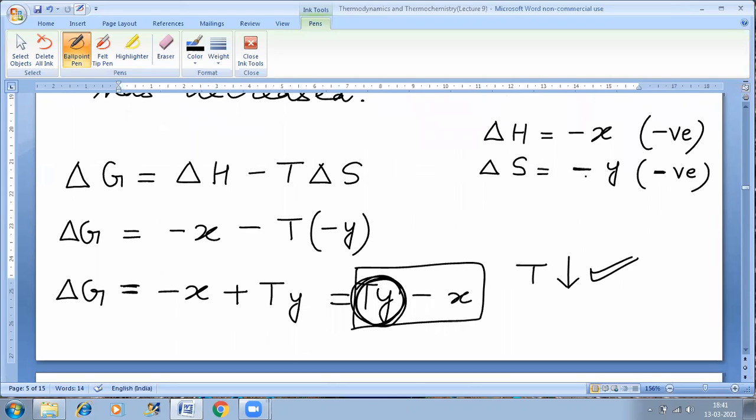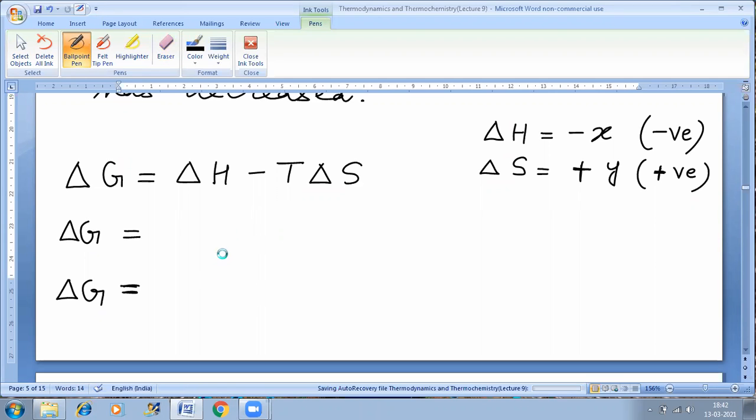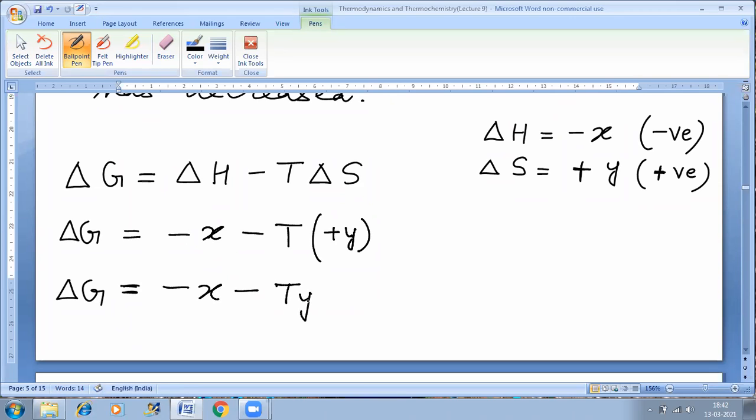And now the last case, where delta H is negative and delta S is positive. Let's look at this case. So delta H is minus X, delta S is plus Y. On solving this, I'll get minus X minus Ty.